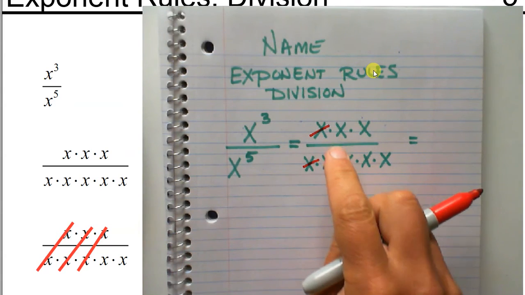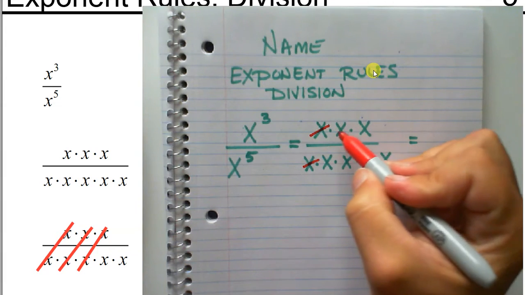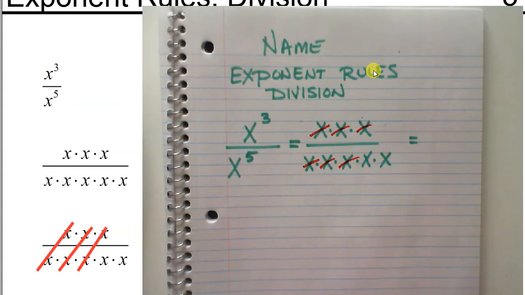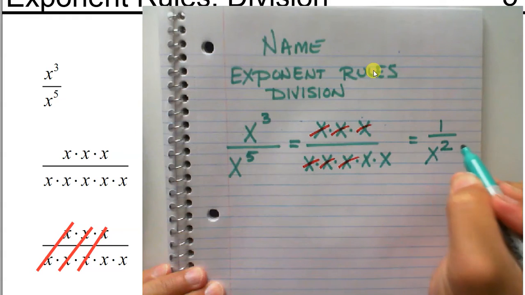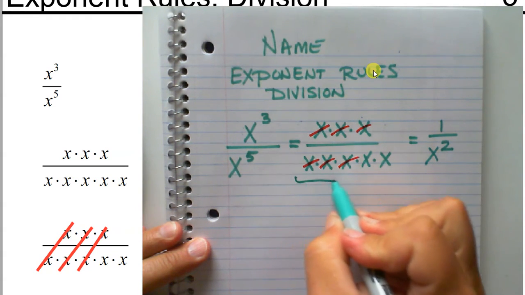What they're really doing is becoming a 1. X over x is 1. So that's a 1. And x over x is 1, and x over x is 1. And what am I left with? I'm left with 1 over x squared. Right here, I'm canceling x's.